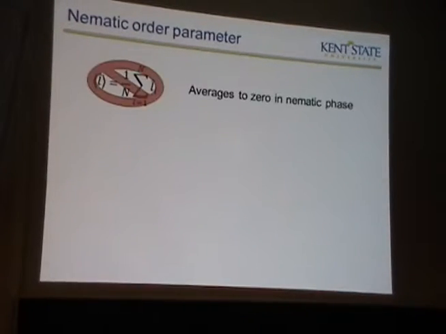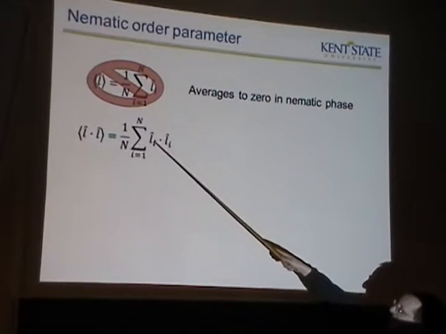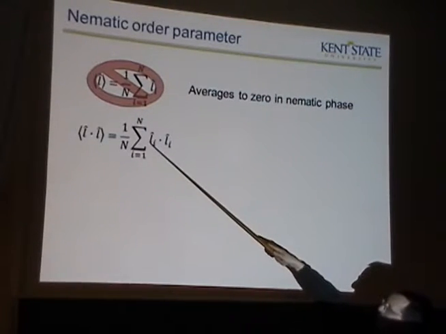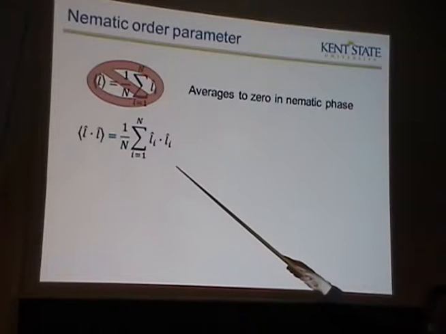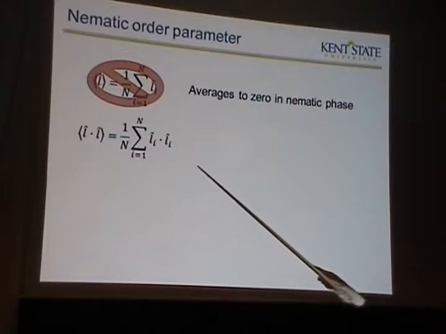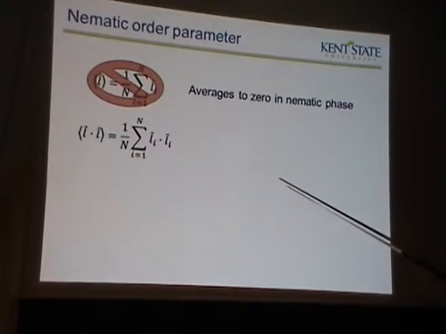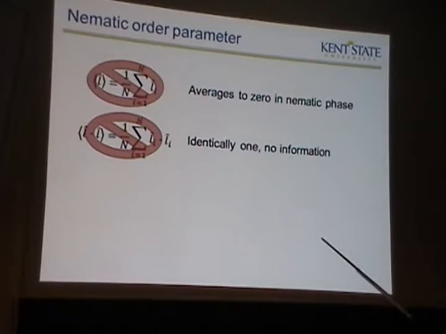So, here's another guess. If you want something even, let's take the average of this vector dot product with itself. That's even. So the good news is it doesn't average to 0. The bad news, though, is that it's always exactly equal to 1.